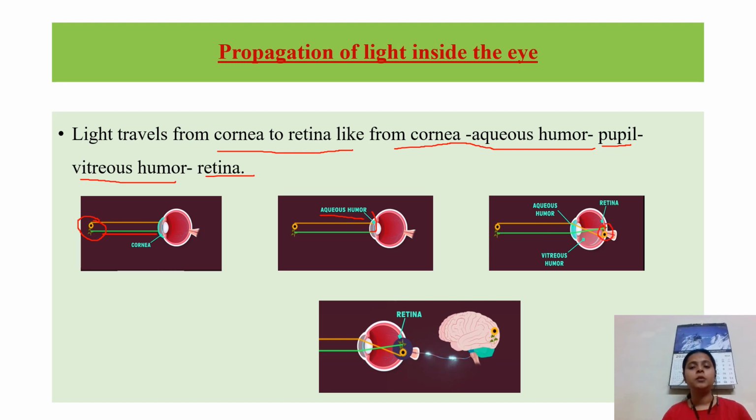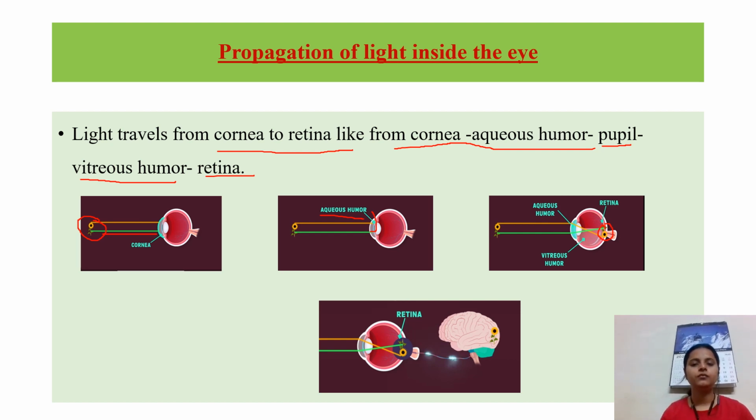The image formed at the retina is in the inverted position. From the retina, through the optic nerves, the image is transmitted to the brain, and when it goes to the brain the image appears in the correct position.